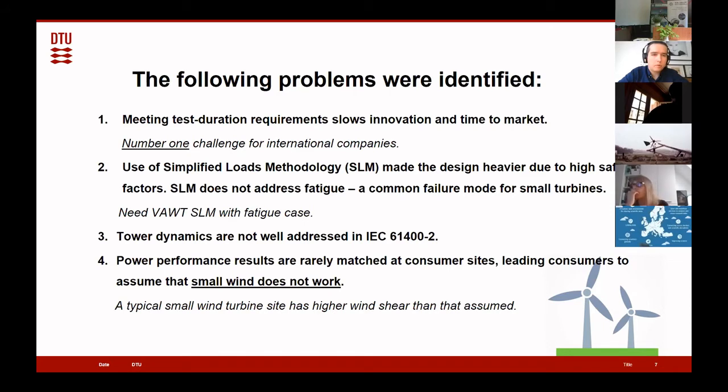An initially proposed solution would be to create a simplified loads methodology for small vertical axis wind turbines, including fatigue cases. The other is that tower dynamics are not well addressed in the IEC standard.